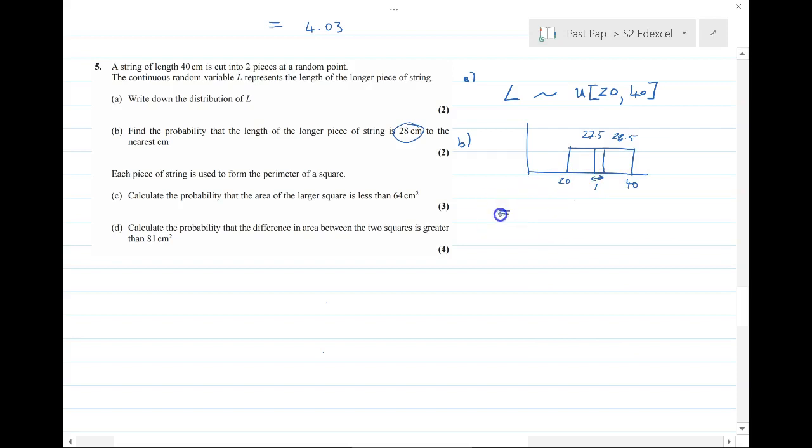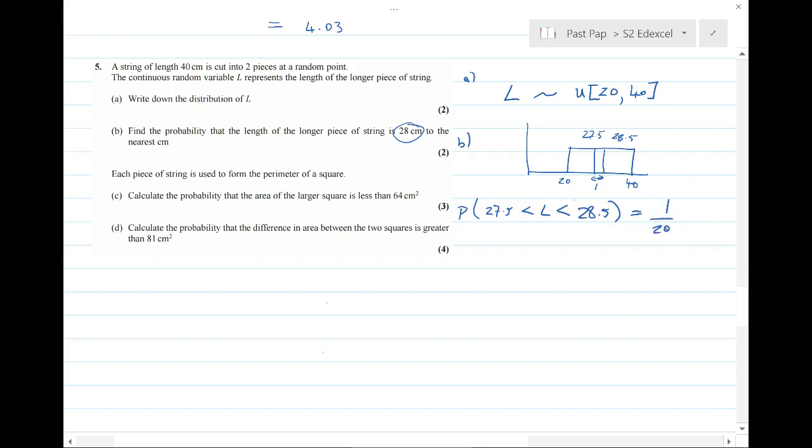So that's equal to 1/20. So the probability that L is between 27.5 and 28.5 is what we're being asked for, and from the diagram, or you can calculate it, it's clear that that's 1 over 20.